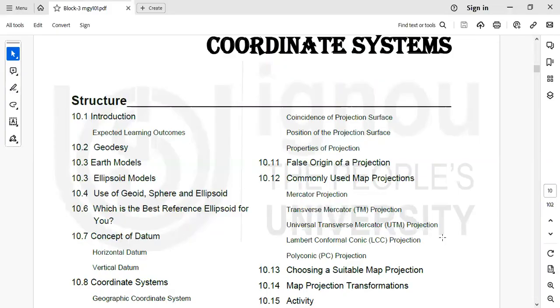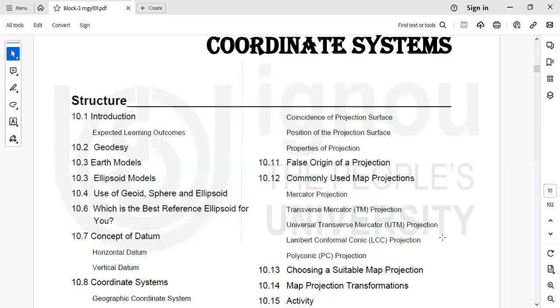So hence, mapping is a very interesting part of this course, and for understanding satellite images and photographs, sound knowledge of mapping is very important.